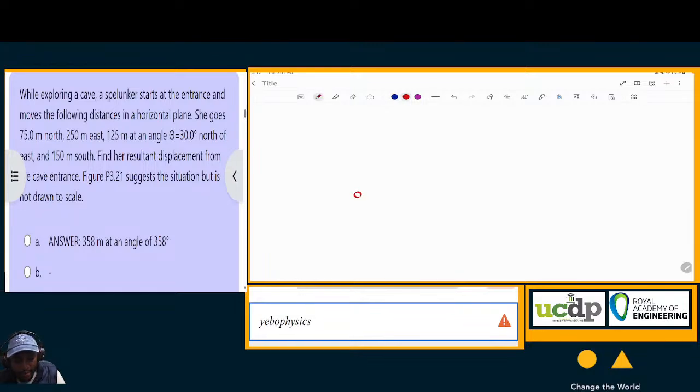And we're told that she moves 75 meters up north, right? That's what the question says. So this is 75 meters up north. Then we're told that she changes direction and moves 250 meters east. So that's 250 meters east.